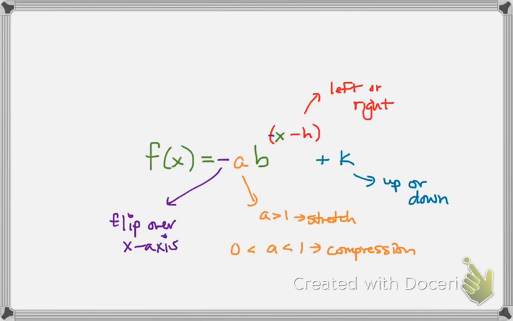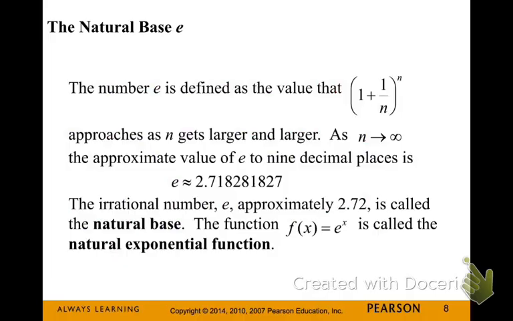But if I have a negative inside the parentheses, so inside our exponent, that would be a flip or a reflection over the y-axis. So this is how it's going to affect our exponential graphs, just like our transformations did before for a quadratic or an absolute value.